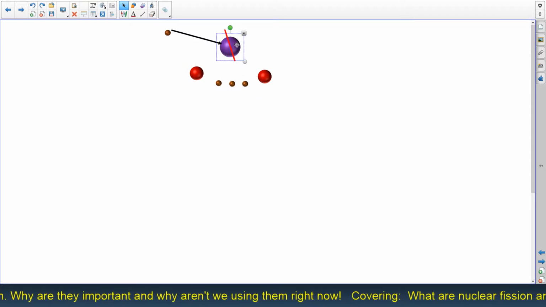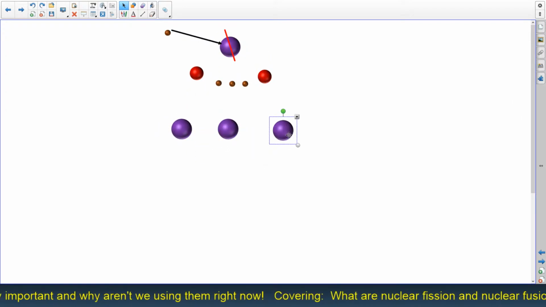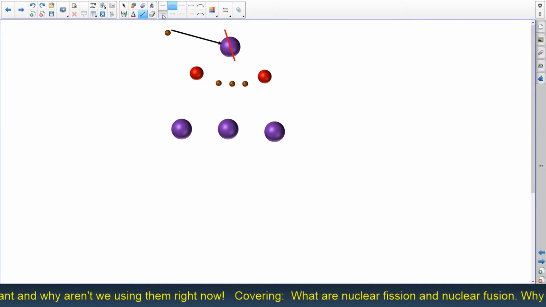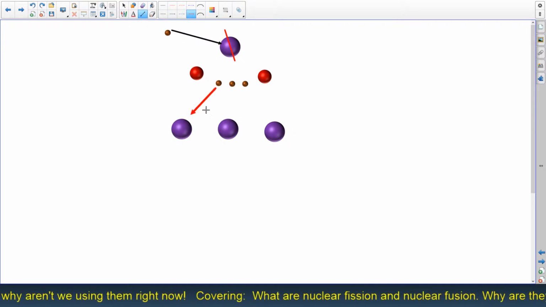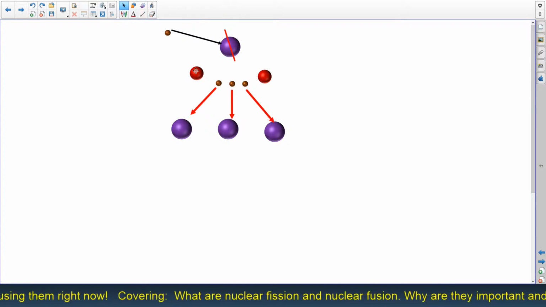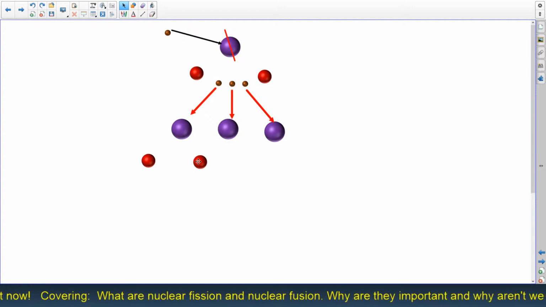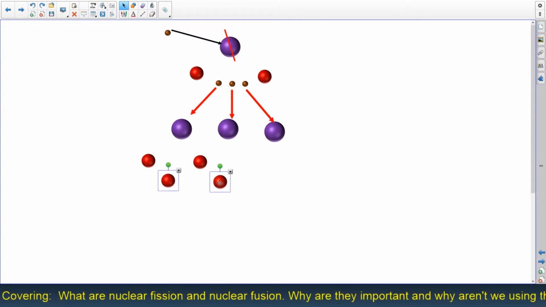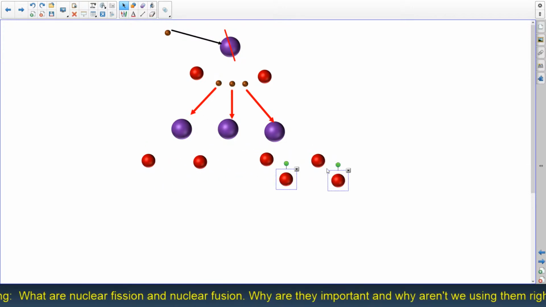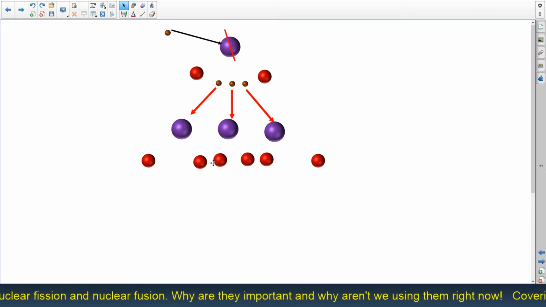These neutrons can then go on, and if we've arranged everything correctly, they can travel into further nuclei and cause exactly the same thing to happen again, that we get some fragments that are carrying kinetic energy for us, and we can extract that kinetic energy, and we'll talk about how we do that in a minute.